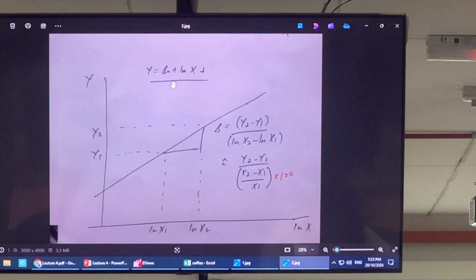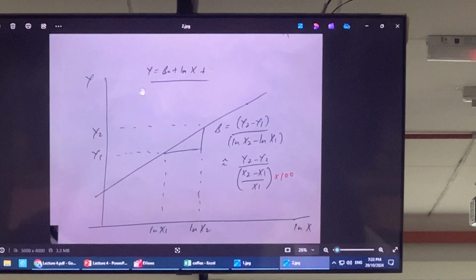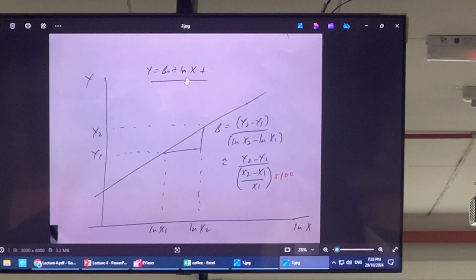If you use this model, it means the dependent variable uses original values, but the independent variable you transform using log. In terms of interpretation, remember the estimate of the slope parameter beta 1 represents the amount of absolute change in y per relative change in x.